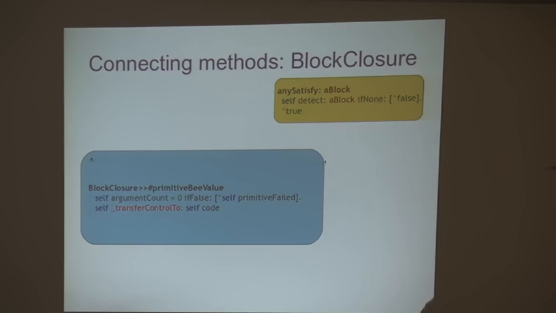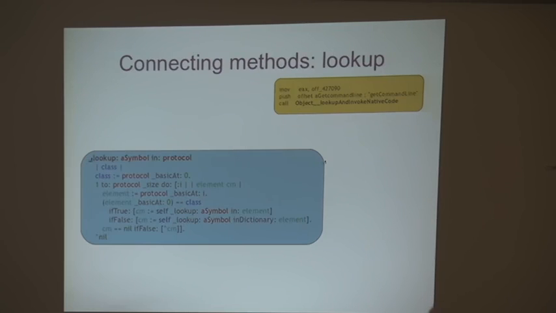One detail about the previous stuff. This is implemented in Smalltalk. You are doing the lookup in Smalltalk, so there's a bit of a detail, because if you want to do lookup in Smalltalk, your lookup is going to need to do a lookup. You may be wondering, how do you fix that problem?